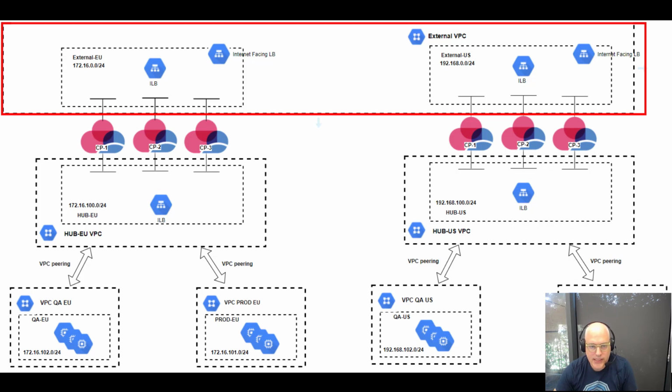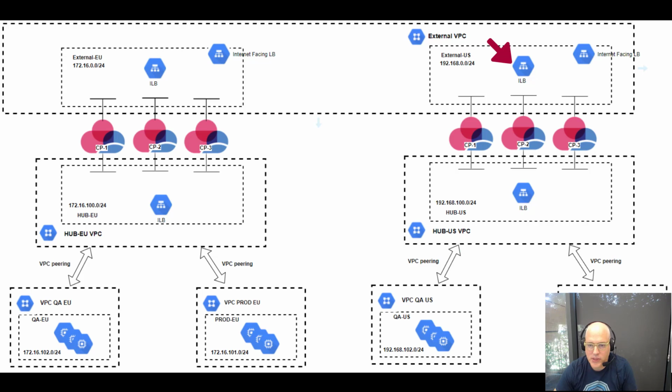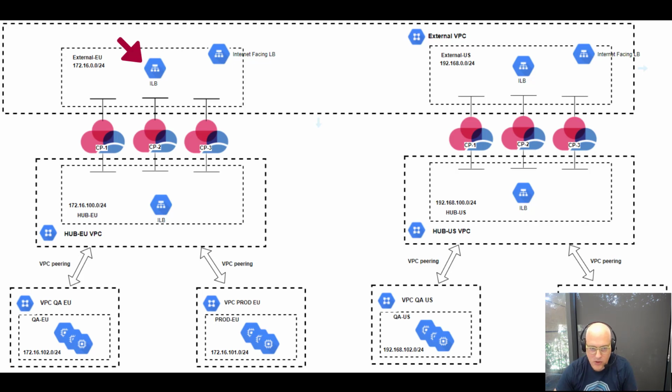We will want traffic with destination 192.168.100.0/22 to route to the internal load balancer on the external US subnet, and traffic with destination 172.168.100.0/22 to be routed to the internal load balancer on the external EU subnet. So let's configure those routes, and we are done.